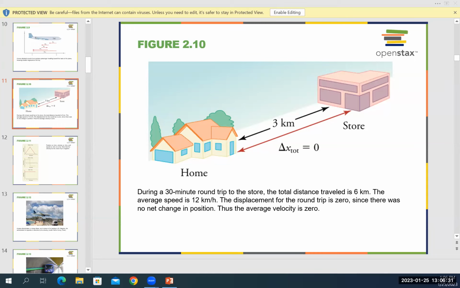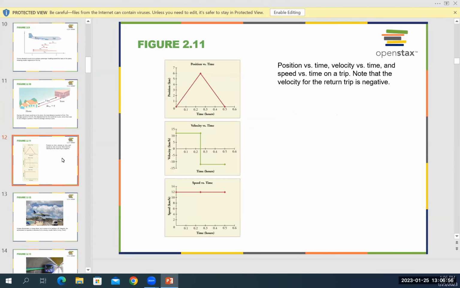So where I stopped last time is I was talking about this idea of displacement, velocities, distances, that sort of thing. So what I want to do is continue on this discussion, but I want to get a little deeper into it.